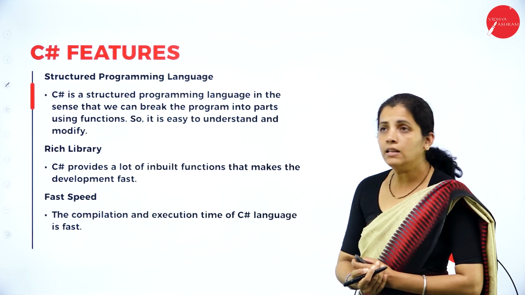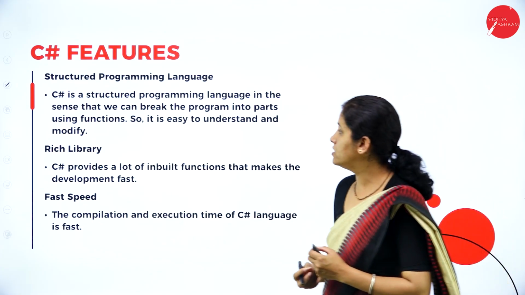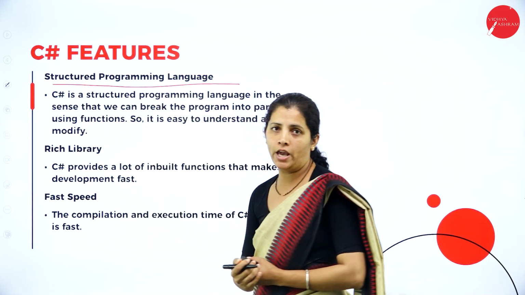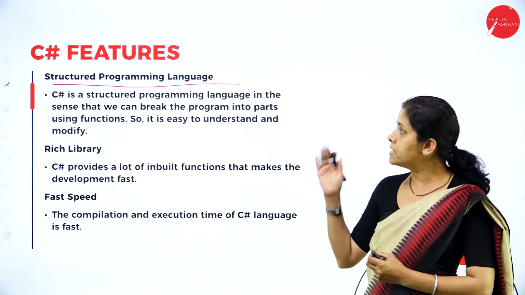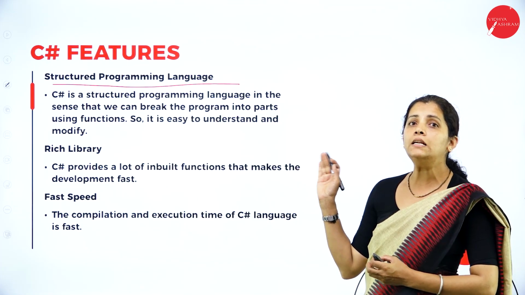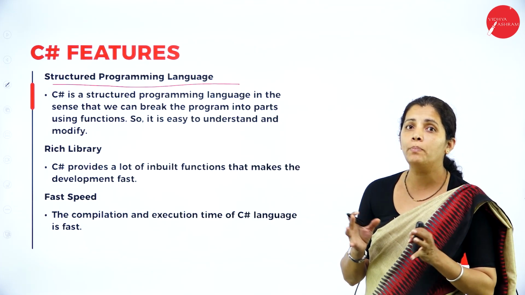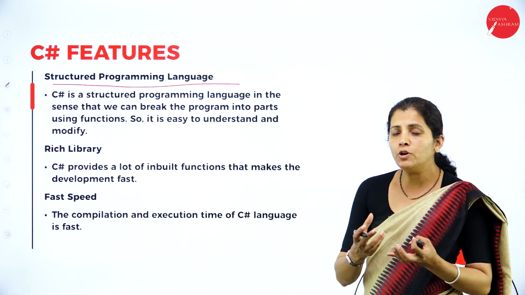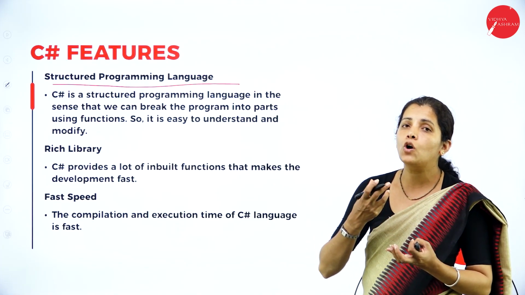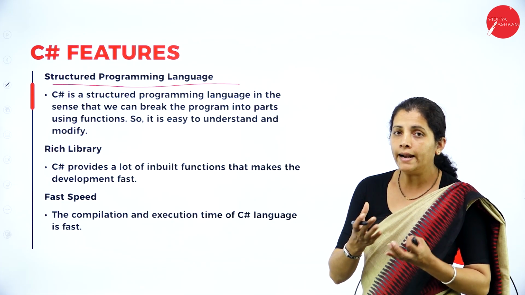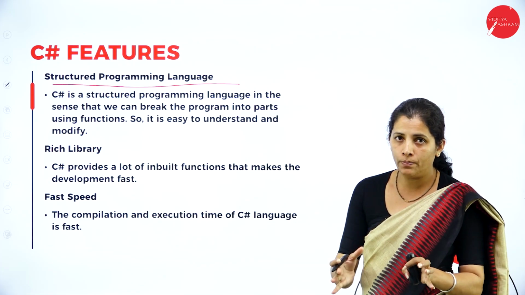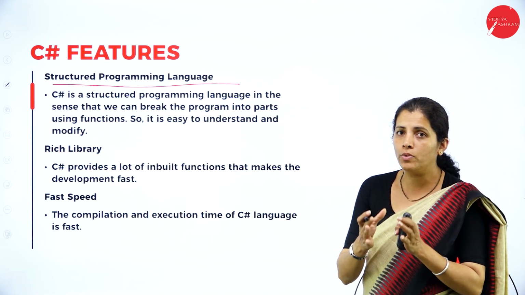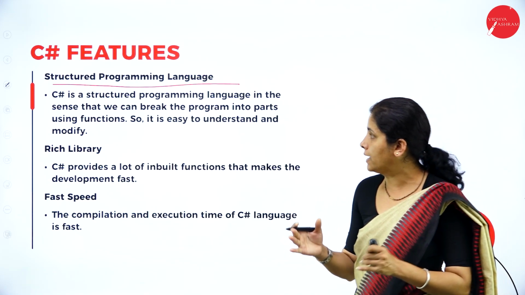Now I have still more features, that is structured programming language. C# programming is mainly designed to handle complex problems. Is it possible to handle an entire complex problem in one shot? No. So I am going to split that complex problem into smaller parts.